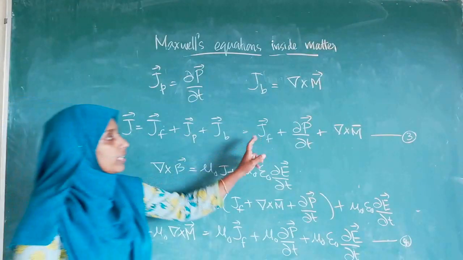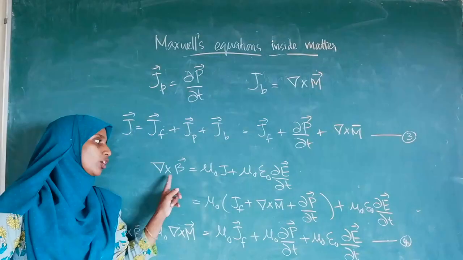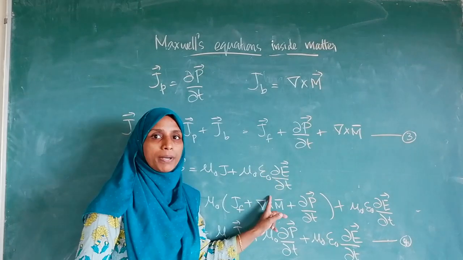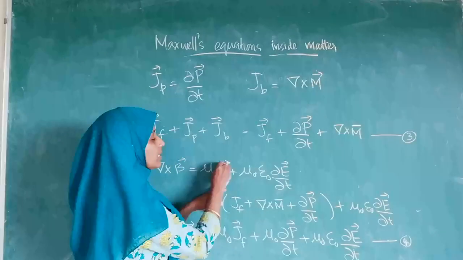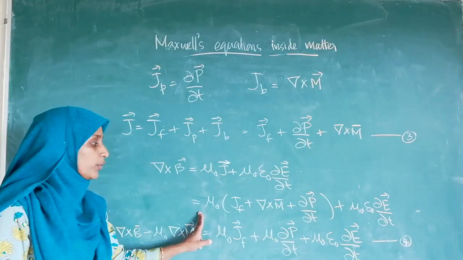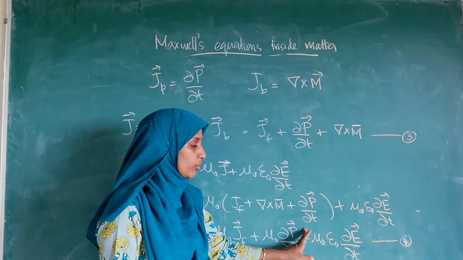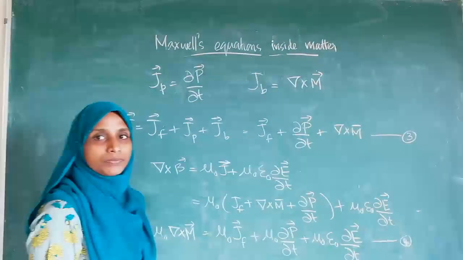And now consider the modified Ampere's circuital law. ∇ × B is equal to μ0 J plus μ0 ε0 ∂E/∂t. Substituting for J in this equation from equation 3, that's equal to μ0 into Jf plus ∇ × M plus ∂P/∂t, plus μ0 ε0 ∂E/∂t.